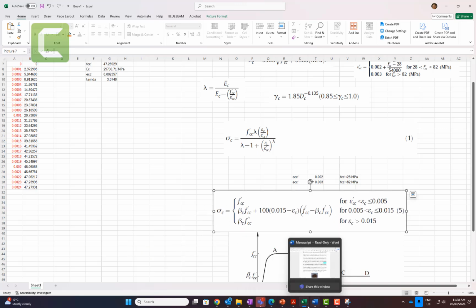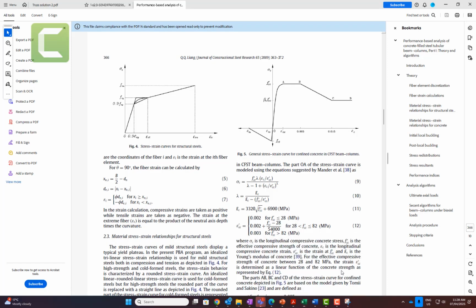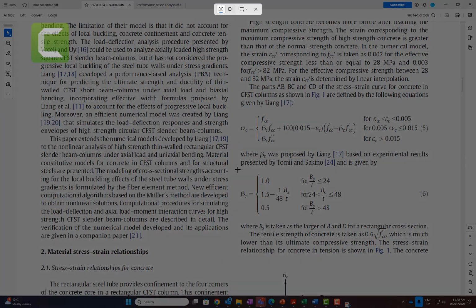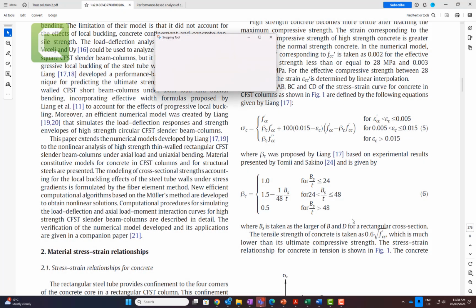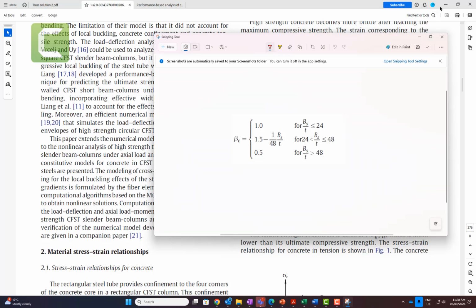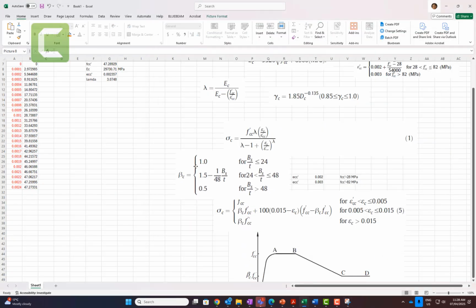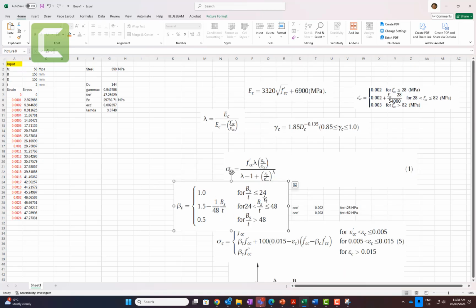To calculate beta_c, you can use Excel and all these rules, but at the moment I'm just doing it manually.